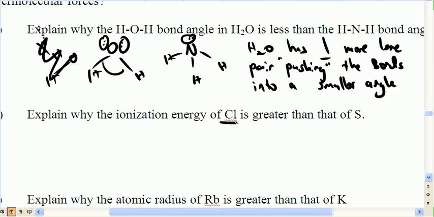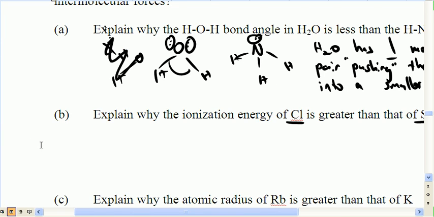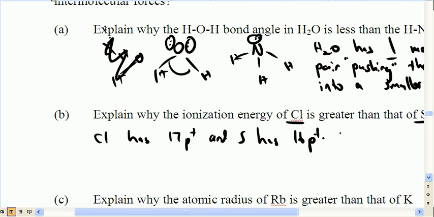Explain why the ionization energy of Cl is greater than that of S. Okay, this is a horizontal relationship. So Cl has 17 protons and S has 16 protons, both in 3rd energy level.